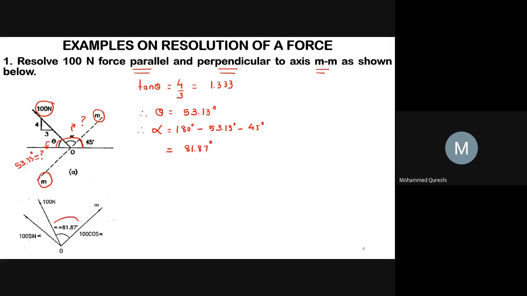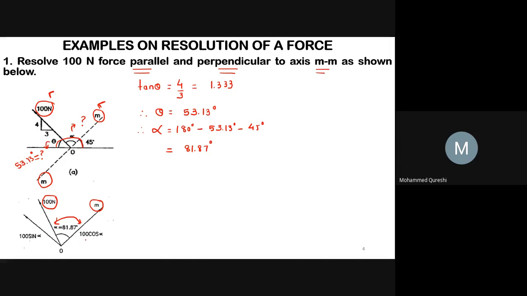Here we get the value of alpha as 81.87 degrees, and angle alpha is between axis MM and the 100 Newton force. So here is your axis MM and 100 Newton, and the angle between both is 81.87 degrees.